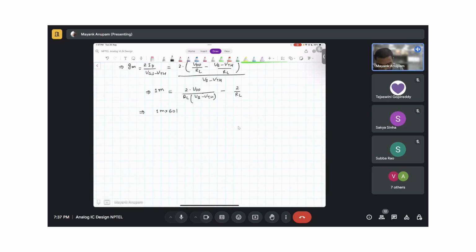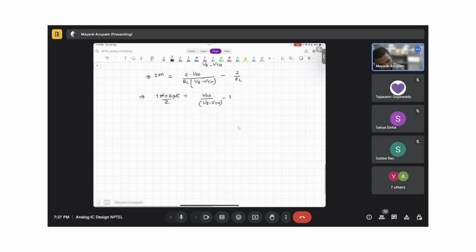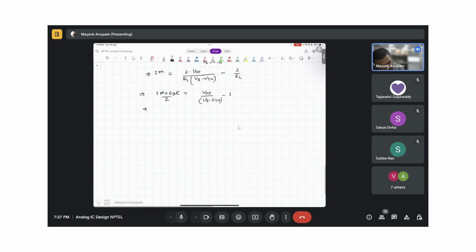RL is 60K. So K and milli go away. 2 VDD, and also take VDD here. So 2 upon VDD upon VB minus VTH minus 1. This becomes 30 is equal to, so this becomes 31 is VDD divided by VB minus VTH.